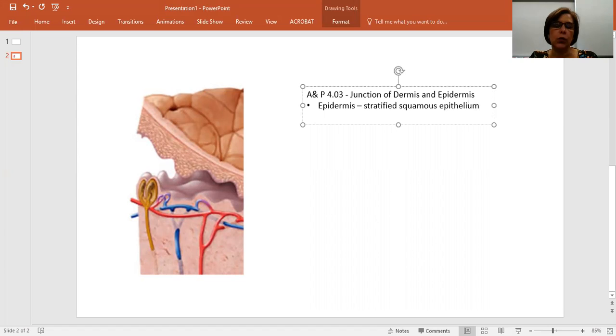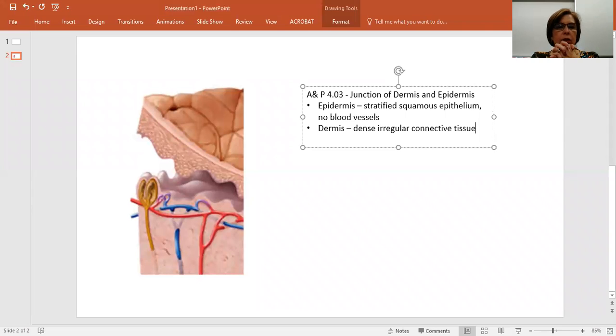And we're going to learn a lot more about this tissue, and if you didn't learn about it already, you'll learn about it later. We also learned that there are no blood vessels. And then we have the dermis. And we said that is dense, irregular, connective tissue. And that does have a lot of blood vessels.